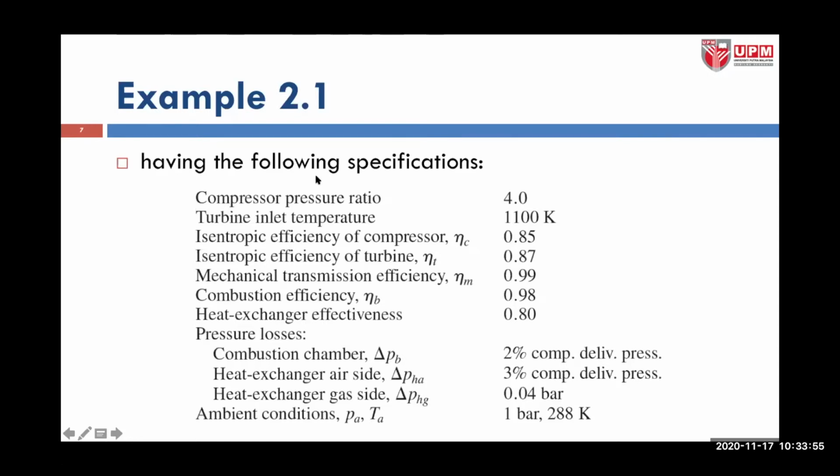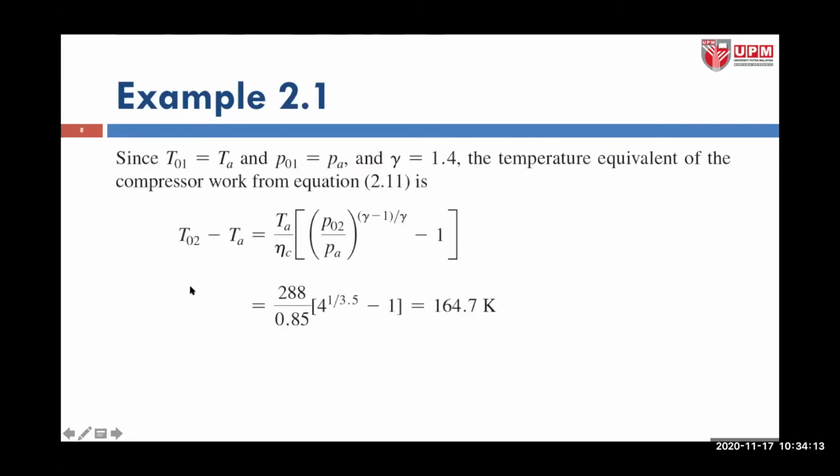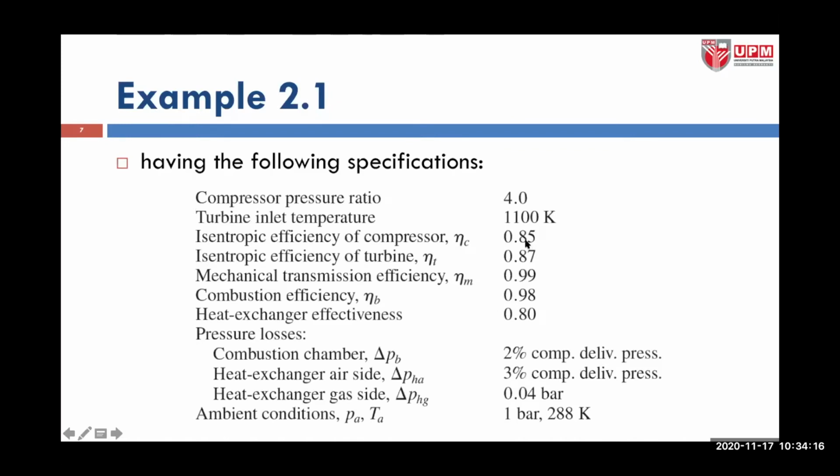The heat exchange cycle has the following specifications: compressor pressure ratio of 4.0, turbine inlet temperature of 1100 Kelvin, isentropic efficiency of the compressor ζC given as 0.85, isentropic efficiency of the turbine ζT 0.87, mechanical transmission efficiency ζM 0.99, combustion efficiency ζB 0.98, and heat exchanger effectiveness 0.80.